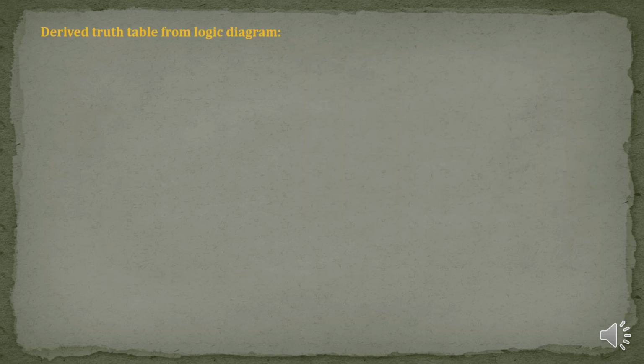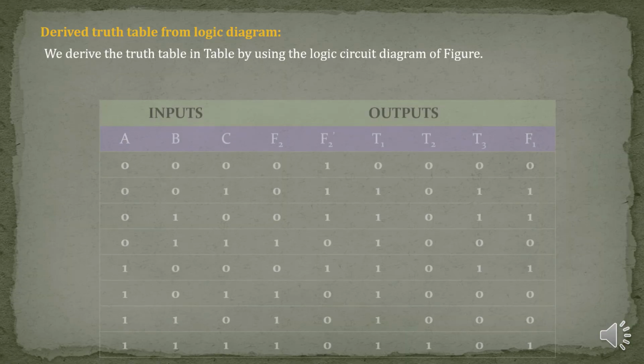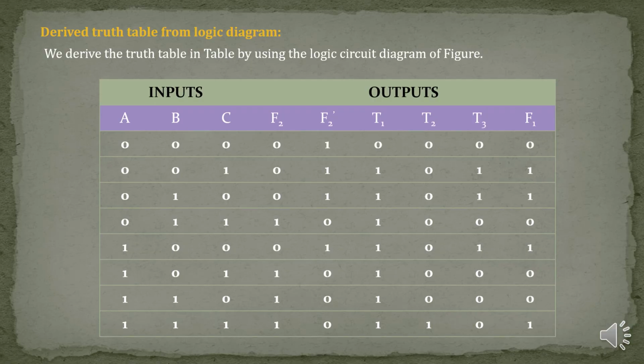From the above logic circuit, we derive the truth table. We have three inputs and different output stages. The inputs are A, B, C, and the outputs are F2, F2 dash, T1, T2, T3, and F1.